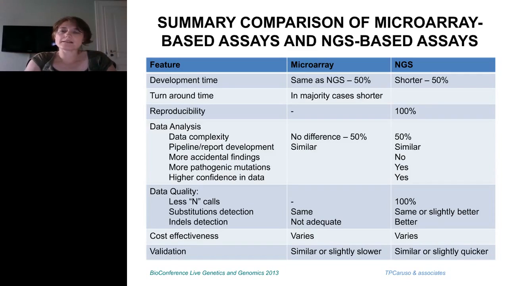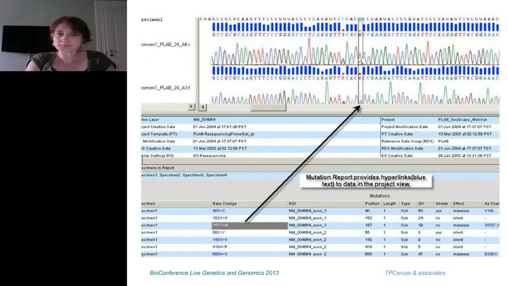And the other thing that I was a little surprised by was that there are fewer calls, because when you put all those sequences together, as we've seen aligned to your reference, you can actually eliminate the sequences that are poor or the locations where there is a problem. Validation is pretty similar.